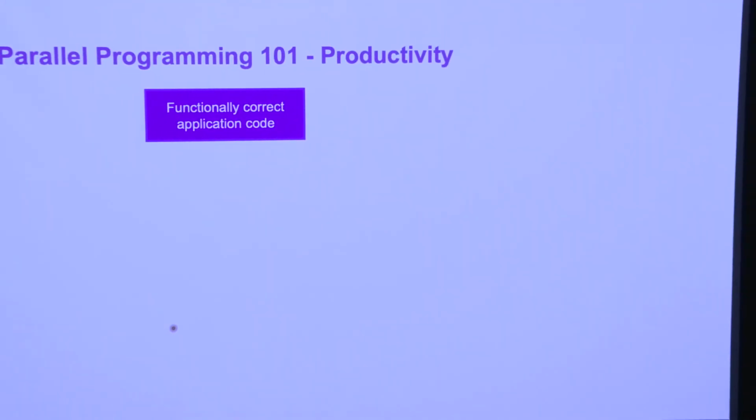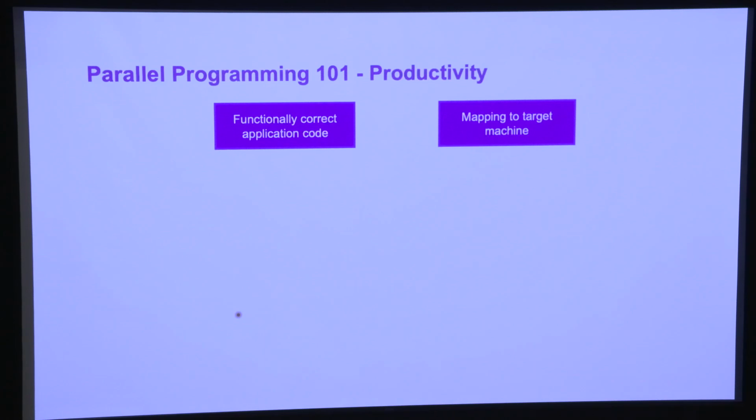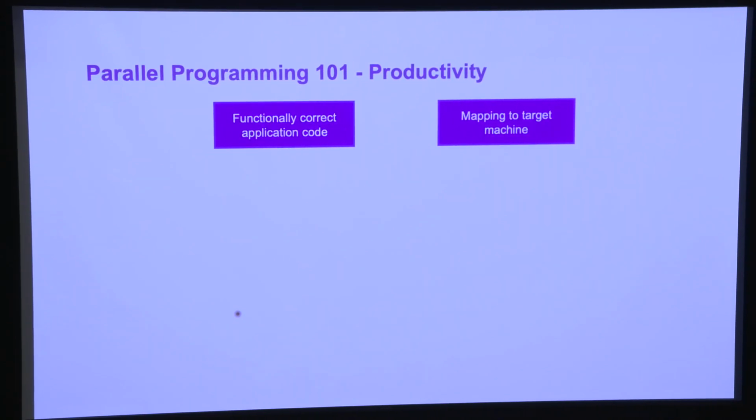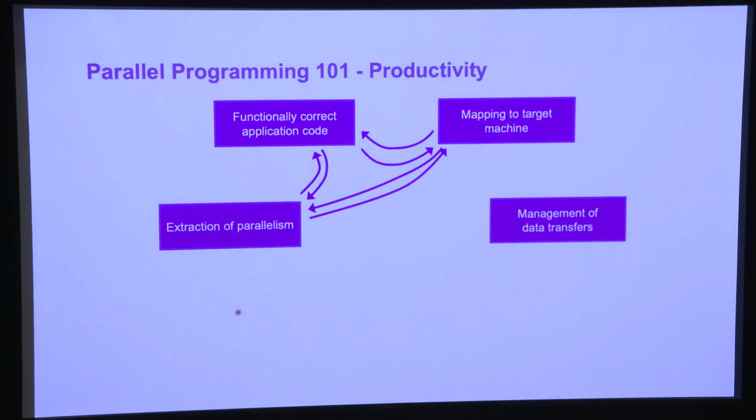So just to drive this point home, I think it's our job to write functionally correct application codes because we're the physics or engineering experts. And then usually we have to figure out how to write these codes for certain machine architectures, so mapping it to a target machine. We have to be able to extract parallelism and manage all the data transfers.